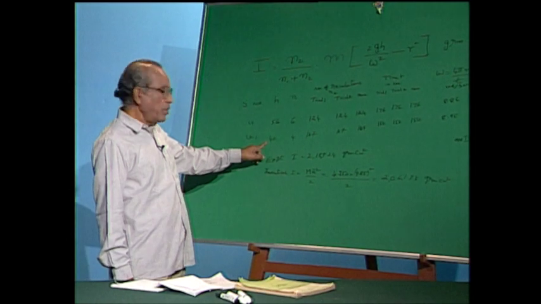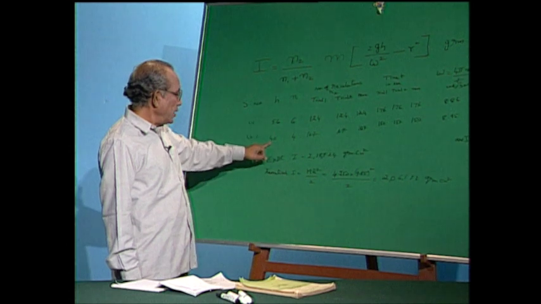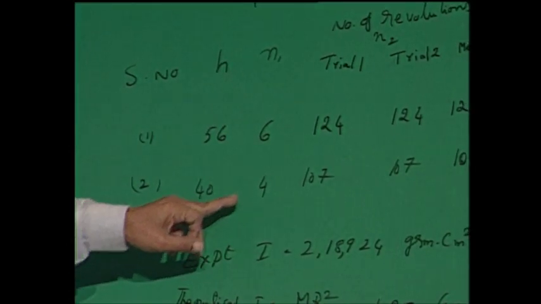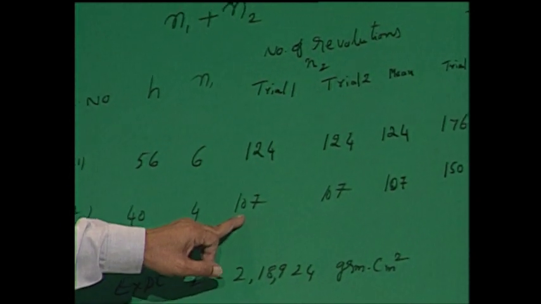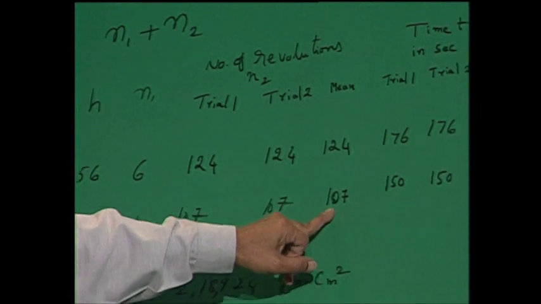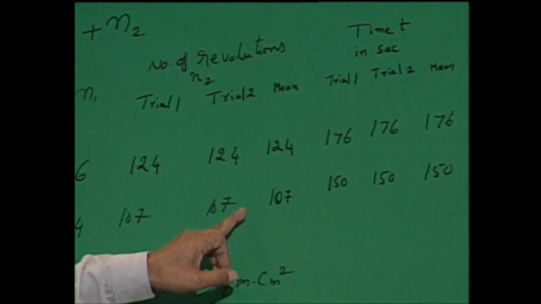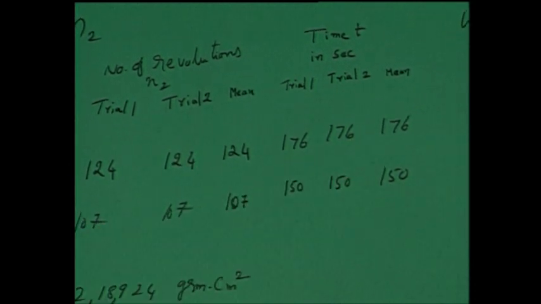Similarly, the experiment is conducted with a different height, 40, n1 4, and the number of revolutions n2 107, the second time also the same, and the mean value 107, and the time taken for these n2 revolutions is 150 seconds.